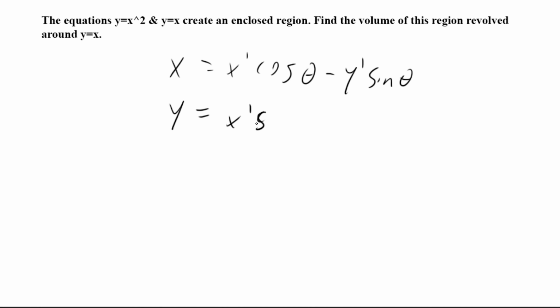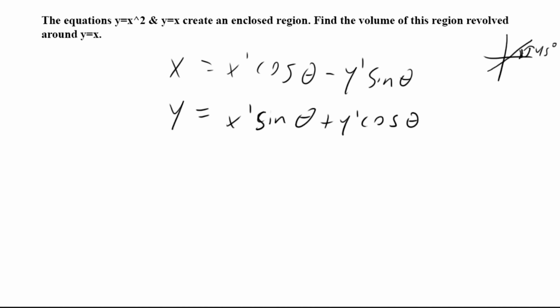So the equations are x equals x prime cosine theta, which is any theta that you would like, minus y prime sine theta, and the new y values will be y equals x prime sine theta plus y prime cosine theta.